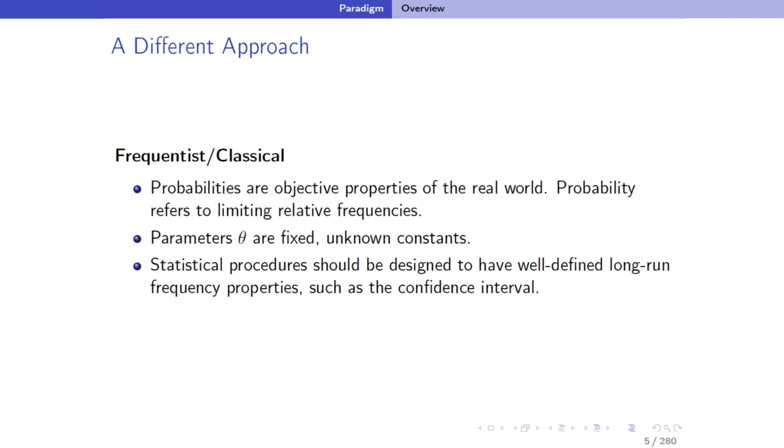They can't change. So it doesn't make any sense to say what's the probability of something fixed being greater than a certain value. It's either greater than 0 or it's not. And because of the definition of probability based on long-run frequency, all statistical procedures should be designed to have well-defined long-run frequency properties, such as a confidence interval: if you were to repeat your experiment many times, then 95% of the realized confidence intervals will cover the true parameter. So that's the confidence interval.